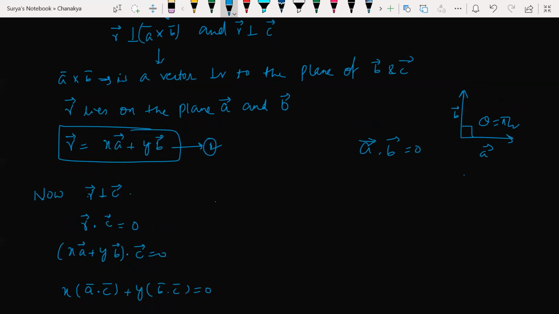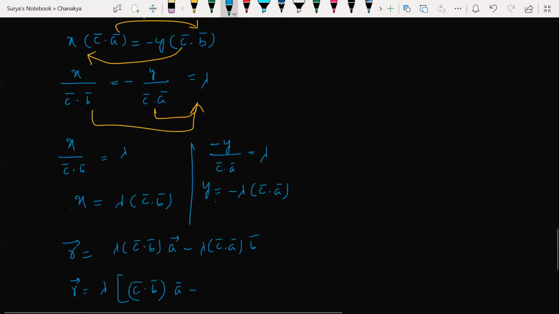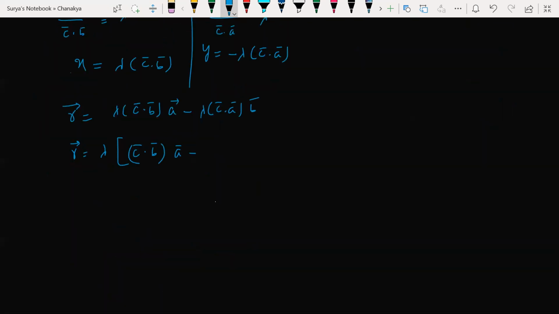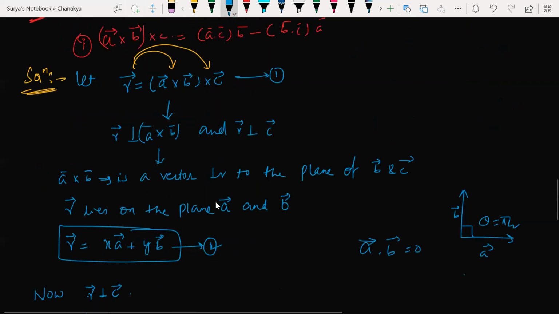So substituting the second equation, look at this here: lambda. Next, what can we write here? A cross B cross C. What is the answer of this? This one was A cross B cross C, am I correct? That is what we were solving.